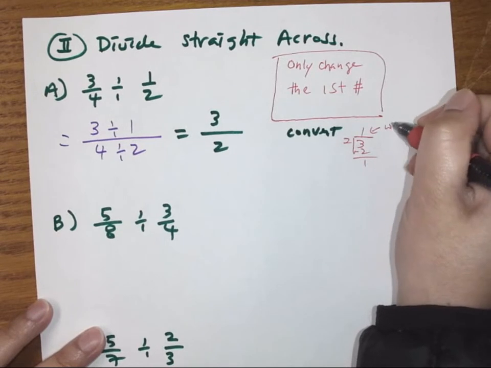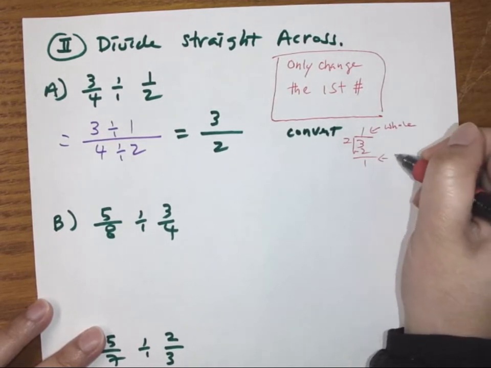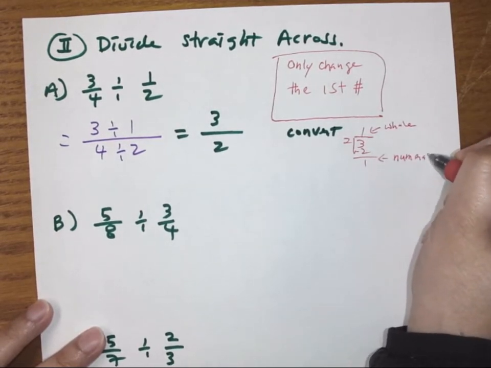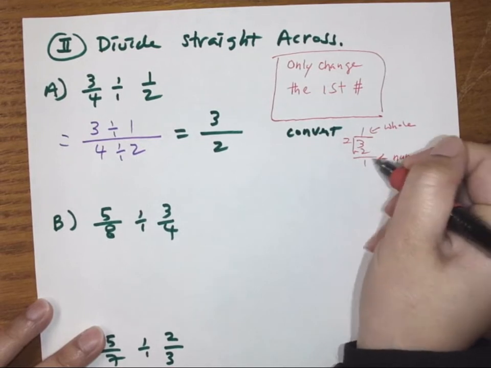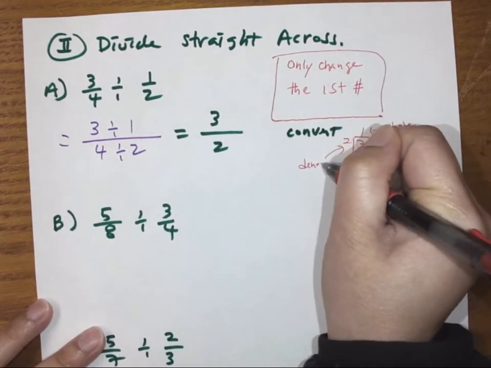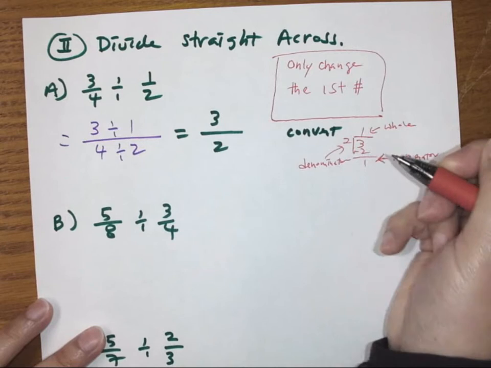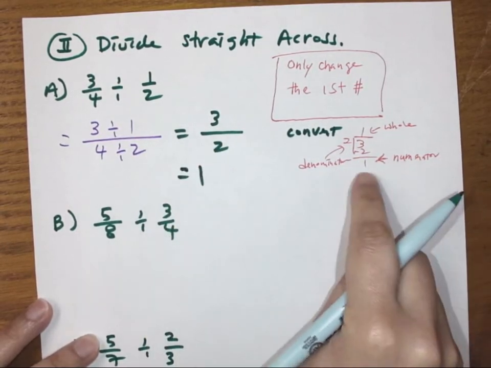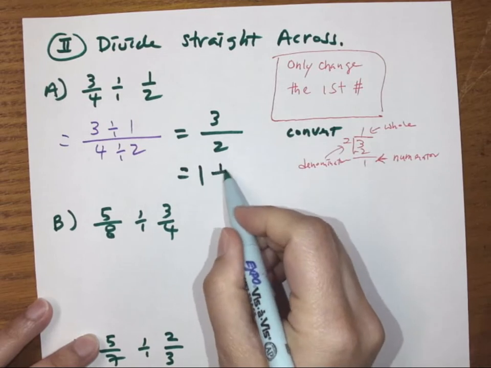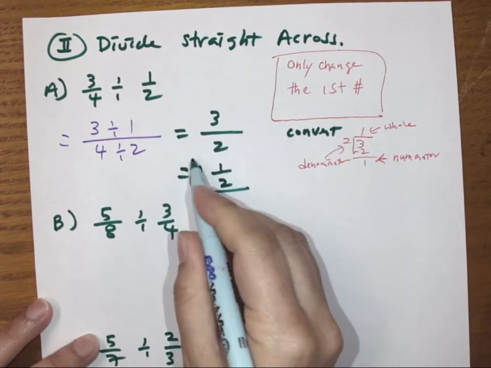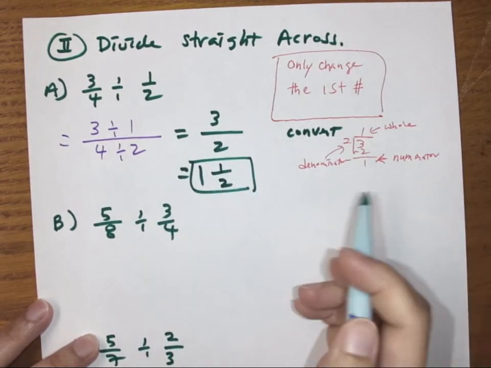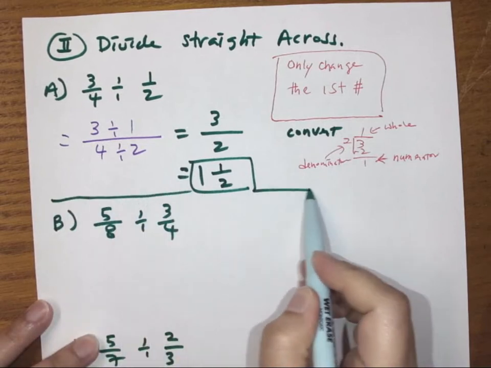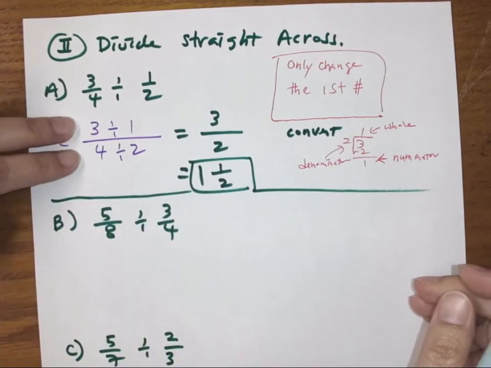This is your whole number, numerator for 1. This is your denominator. So my final answer will be 1 whole, 1 out of 2.